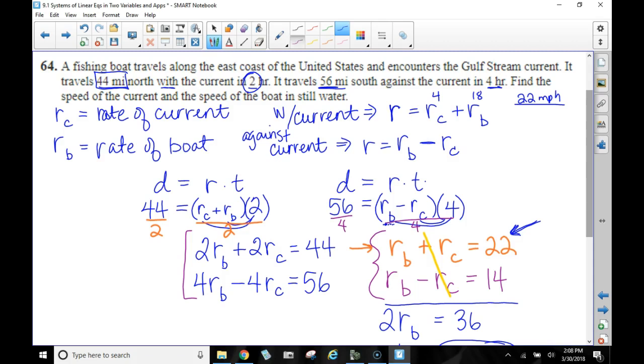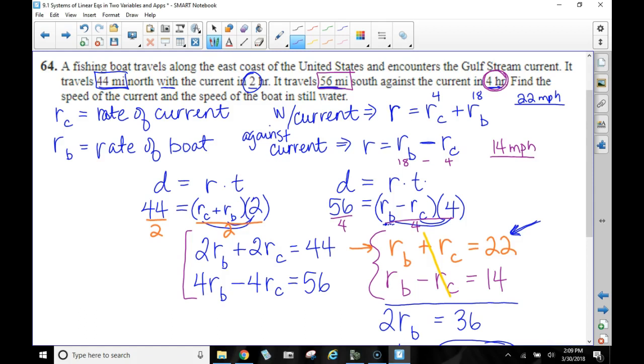And then right up here, the rate when it was going against the current was 18 minus 4, so it was 14 miles per hour. If you take that rate times the time of 4 hours, you get the distance traveled going against the current. Does that make sense? Okay, that's a way to check it.